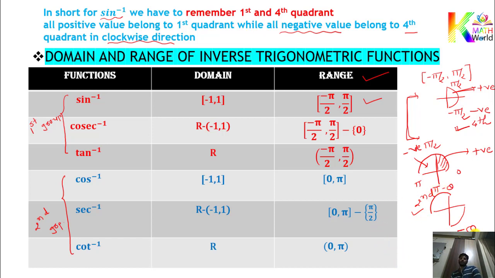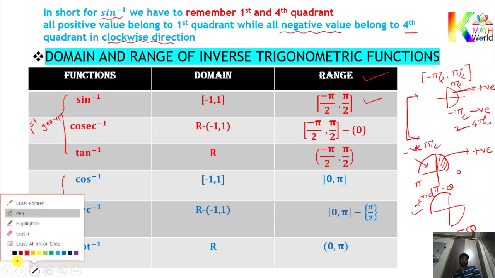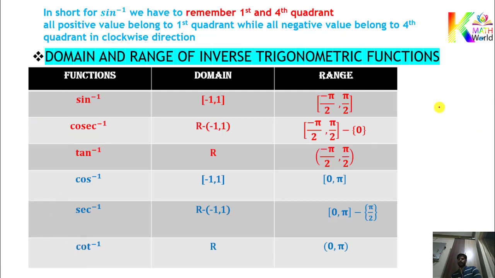Okay, so we just need to remember only two things, and only for negative values. Why? Because for all positive values you get the first quadrant. So for a negative value and a first group function, you get the fourth quadrant in the clockwise direction, that is minus angle, minus theta.